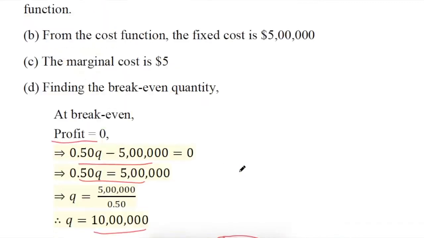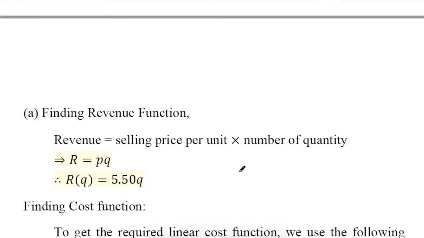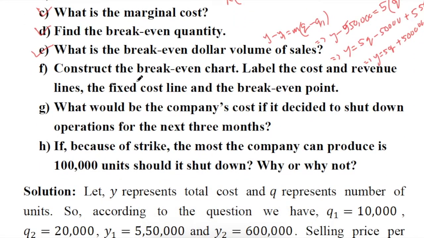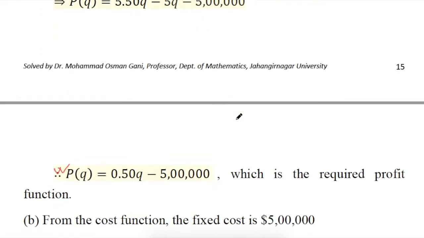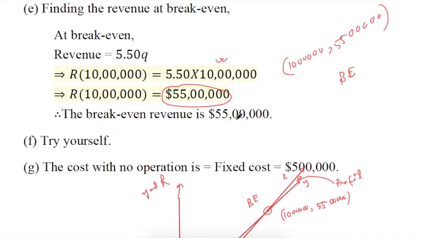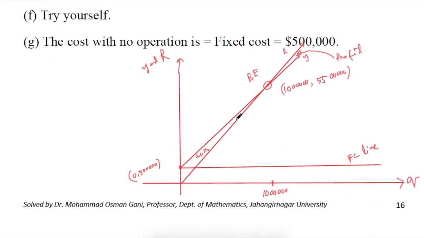And F, what is F? It says construct the break-even chart, label the cost line, revenue line, fixed cost line, and break-even point. So that we already constructed here in this sheet. So you see the break-even chart is this one, and for the break-even point, first you need to identify 10 lakhs and 55 lakhs.